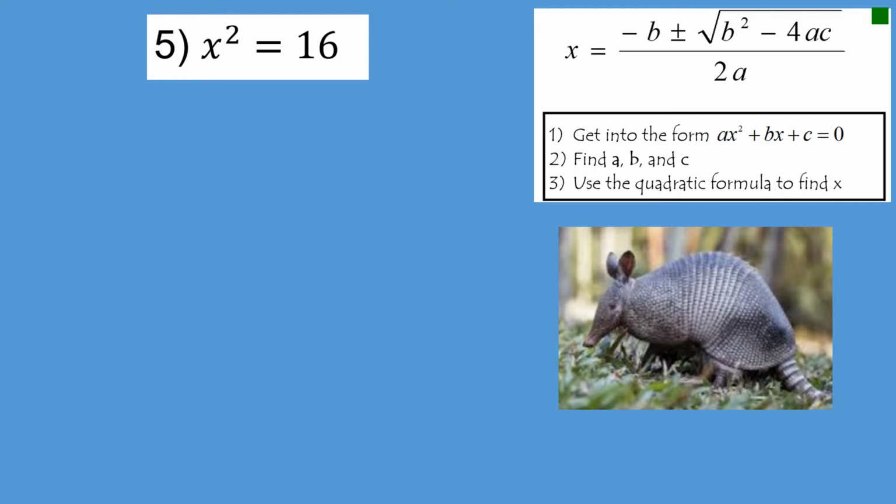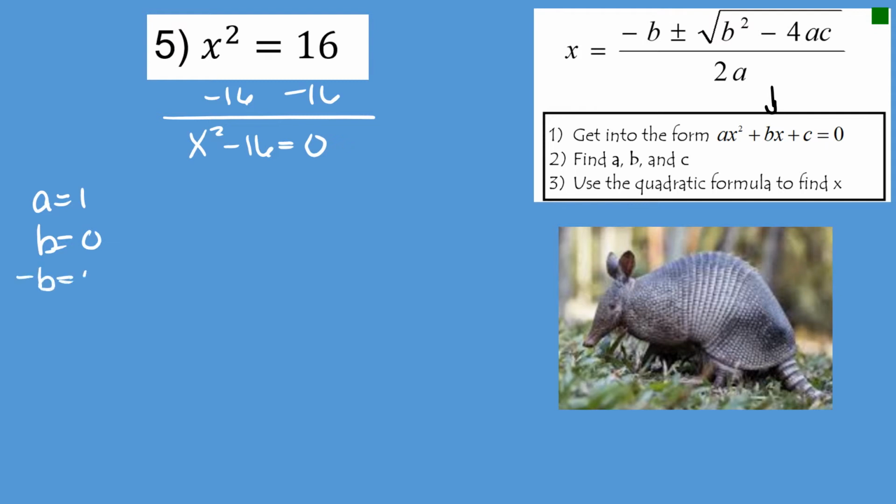Here is slide 10. Slide 10, I'm going to move that 16 over by subtracting it. It can't combine with the x squared, so I have x squared minus 16 equals 0. A is 1. What is b, guys? Remember, if I look back here, b is the coefficient of the guy with x. Do I have just an x? I do not, so b is 0.